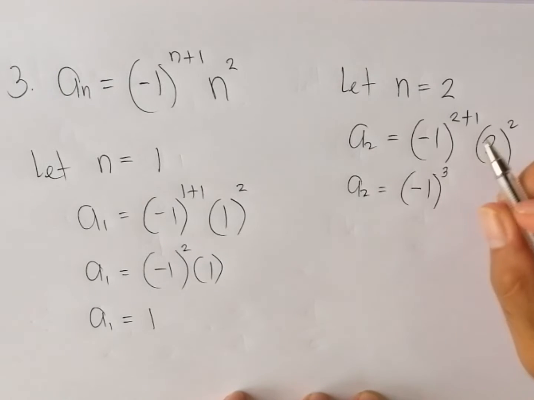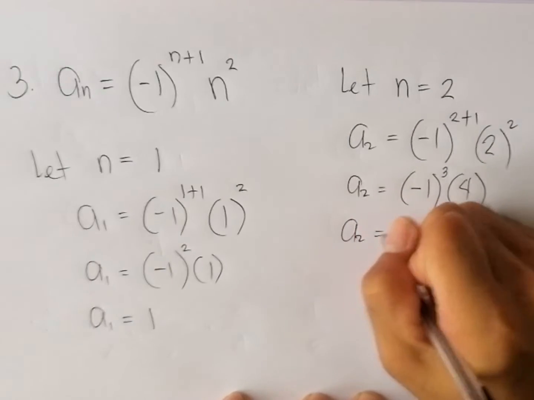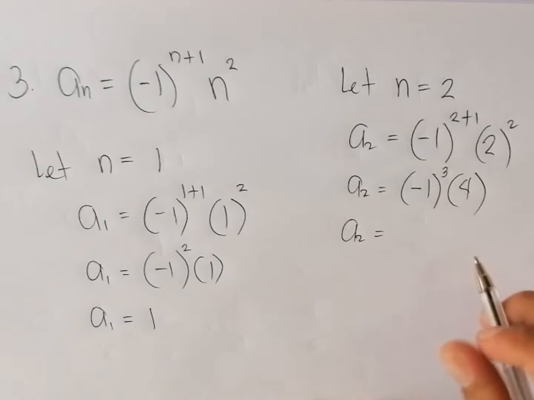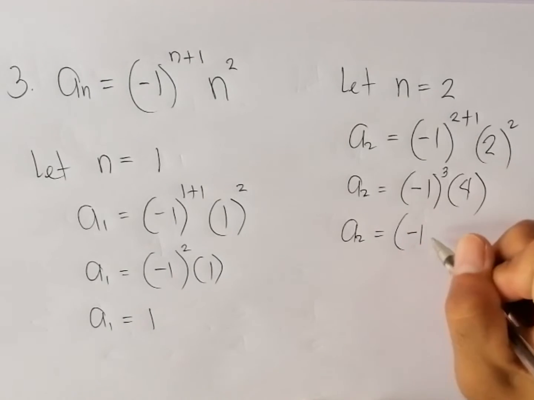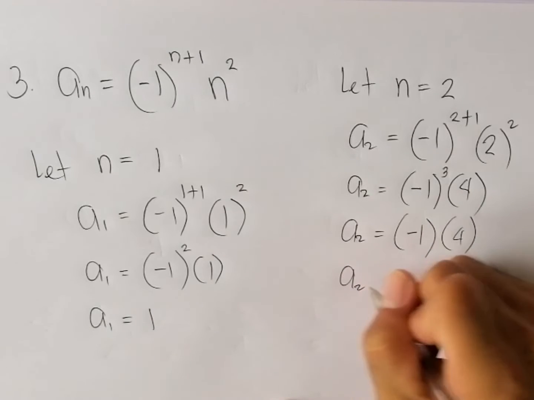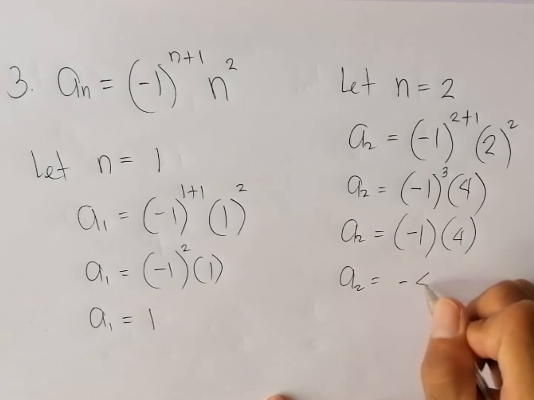Then 2 squared, that is 2 times 2, we have 4. So a sub 2 is equal to -1 raised to the power of 3, that is equal to -1 times 4. So a sub 2 is equal to negative 1 times positive 4, that is equal to negative 4.